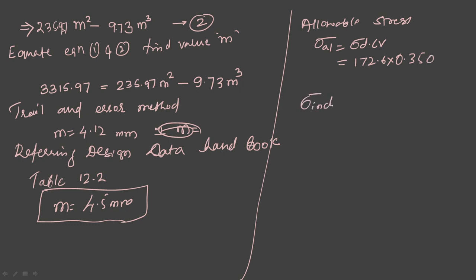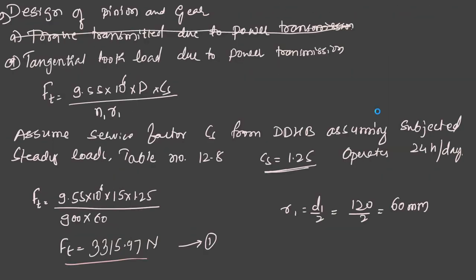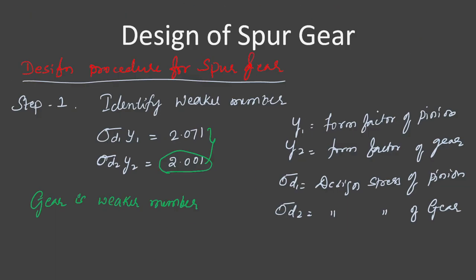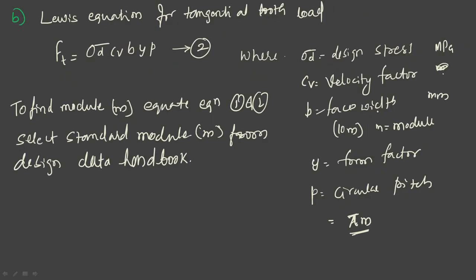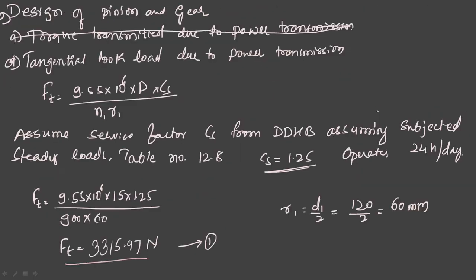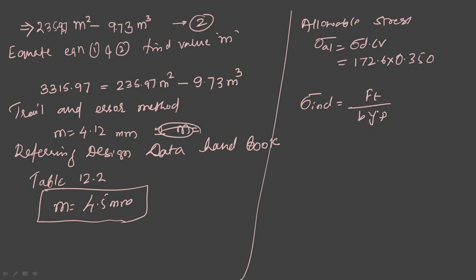Now sigma induced is Ft divided by b y p. So let us find out the allowable stress here: 172.6 into 0.350.